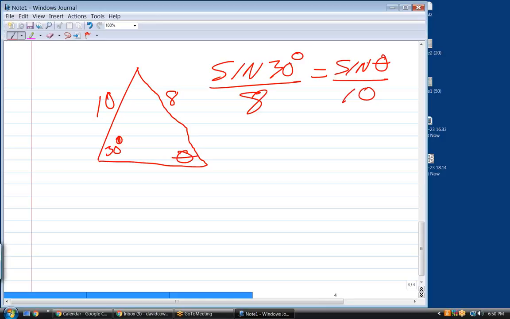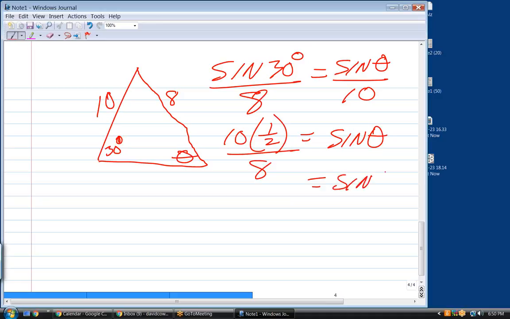We can solve for theta. Sine of theta equals 10 times the sine of 30 degrees, which I know is 1/2, all divided by 8. So the sine of theta is 5/8. With me?